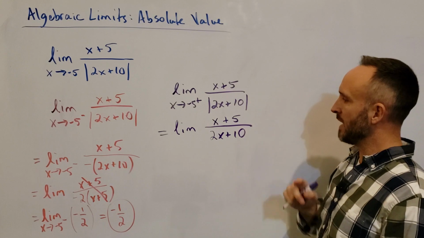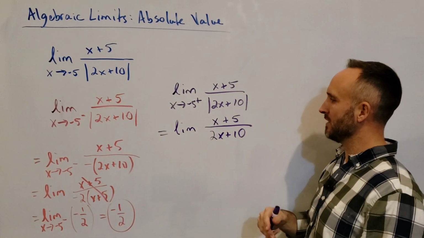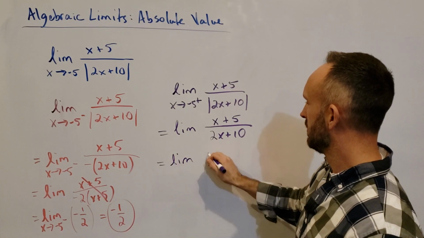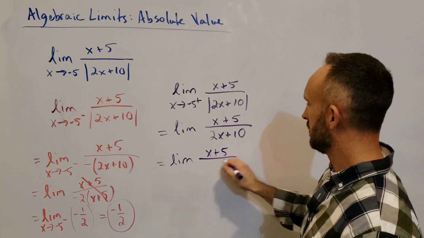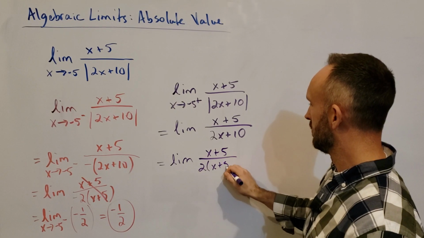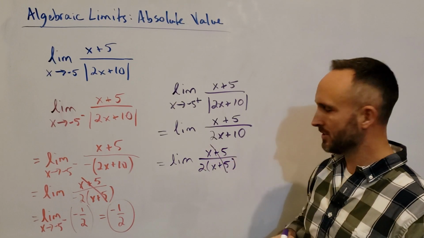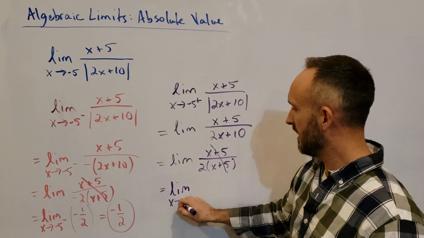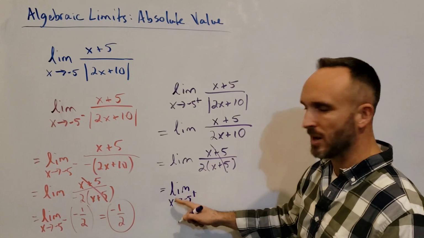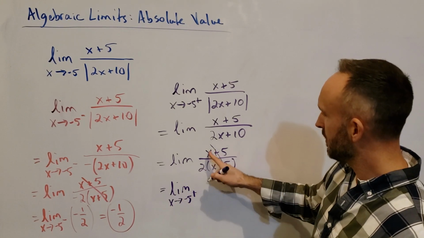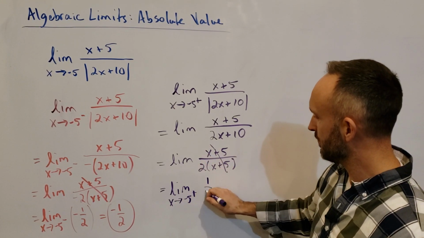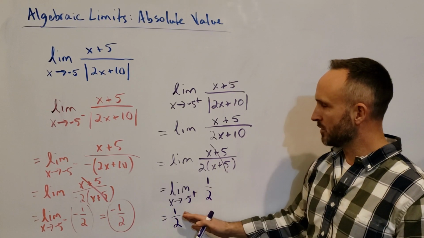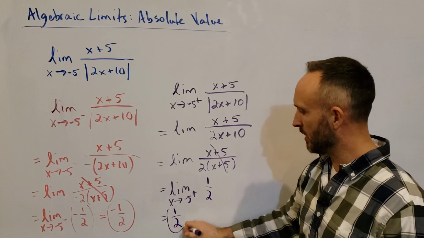Okay? So we don't need the absolute value if we're looking to the right side of -5. And similarly, we can factor a 2 out on the bottom. Cancel the x plus 5s, and we end up with the limit as x approaches -5 from the right, which happens to be irrelevant, of +1 over +2. And again, that's constant. So the answer for the right-sided limit is +1/2.